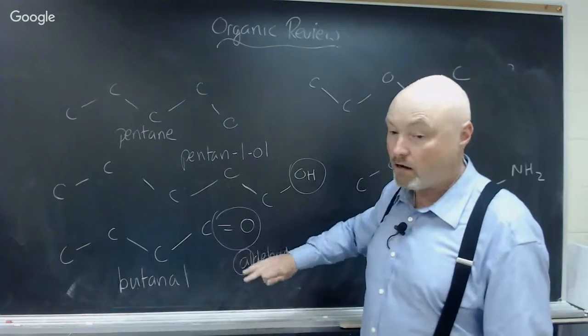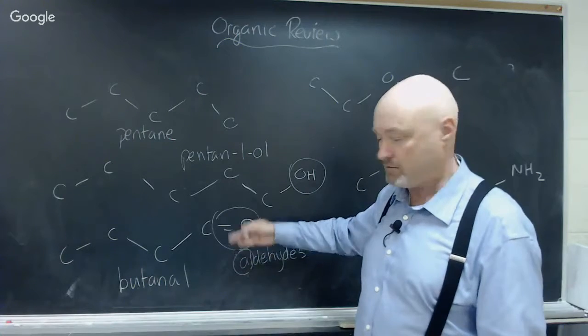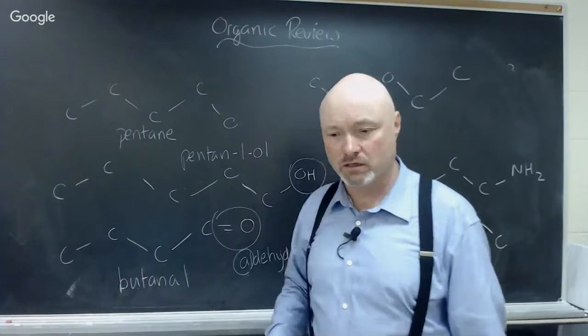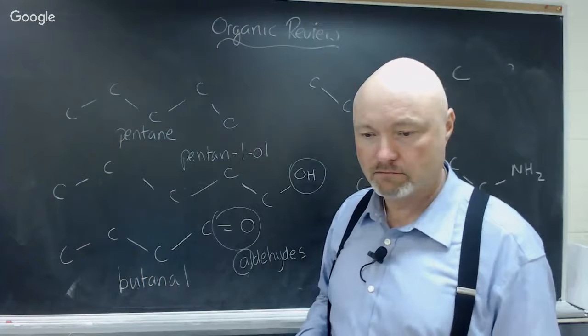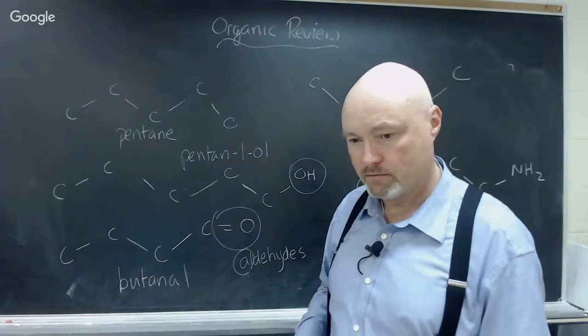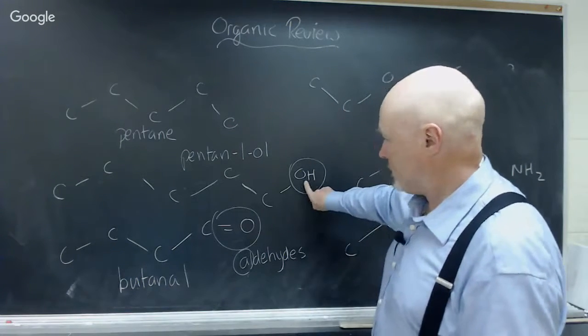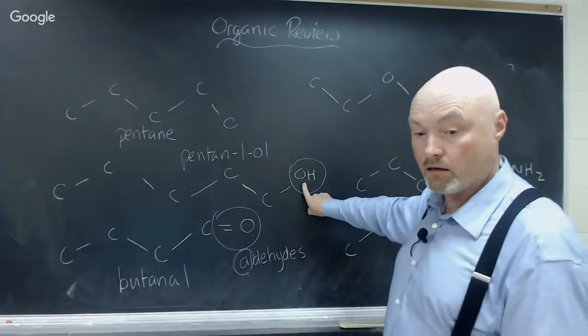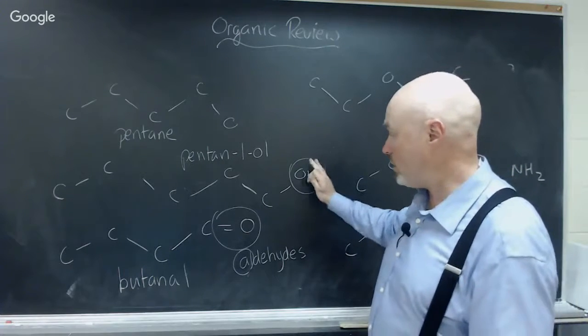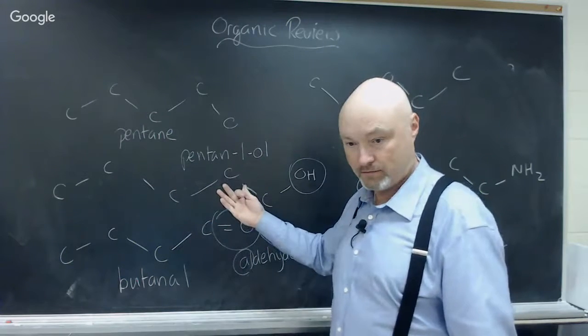An aldehyde is always at the end of the chain, so you don't have to number these ones. So the hydroxyls you have to number. Which other ones do you have to number? So an alcohol has a hydroxyl group anywhere in the chain.